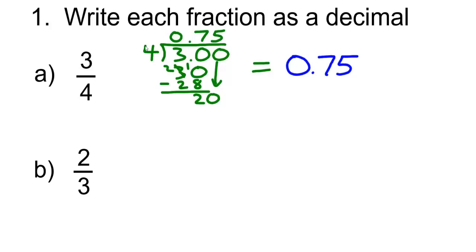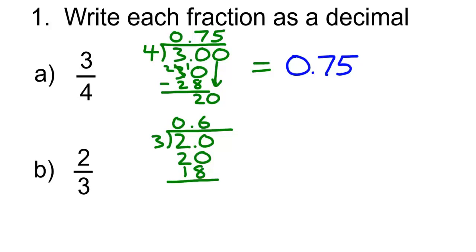For 2 over 3, this can be written as 3 going into 2. 3 goes into 2 0 times. Add a decimal, add a 0, bring down the 2 and the 0. 3 goes into 20 6 times. 6 times 3 is 18. 20 minus 18 is equal to 2.